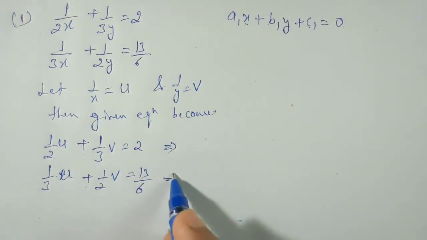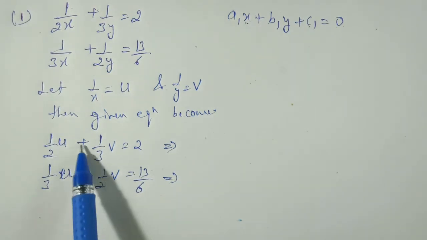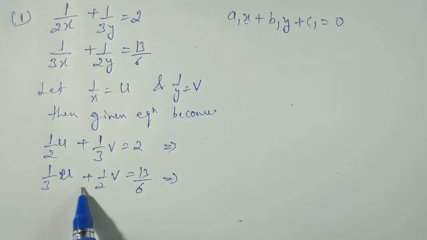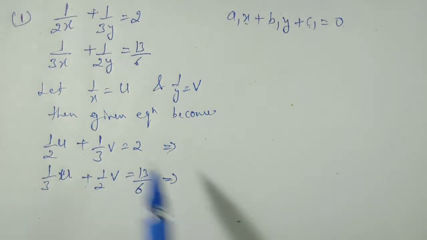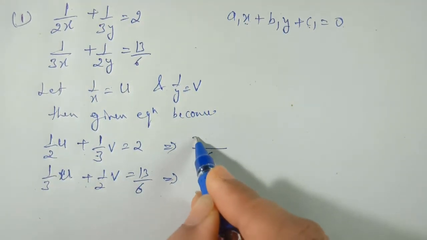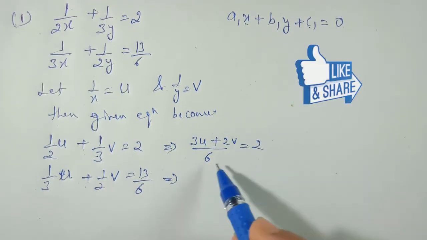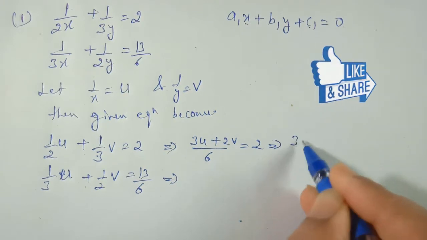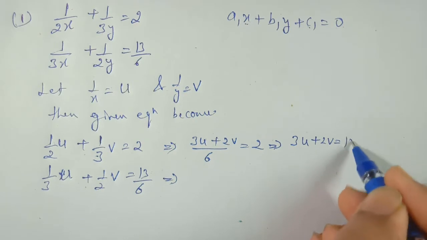Now we are seeing that these two equations look a little complicated. So we are going to convert them into the simplest form by taking the LCM. When we take the LCM, it will be 3 times 2, 6. This will give 3u plus 2v equal to 2. And when we take 6 to the other side, this will give 3u plus 2v equal to 6 into 2, 12.